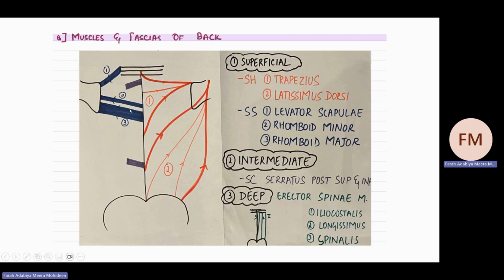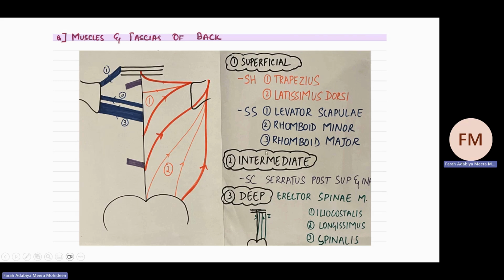These two muscles, when they contract, retract and rotate your scapula. Now, all the spinoscapular muscles are innervated by your dorsal scapular nerve, right? So this is about your superficial back muscles, right?